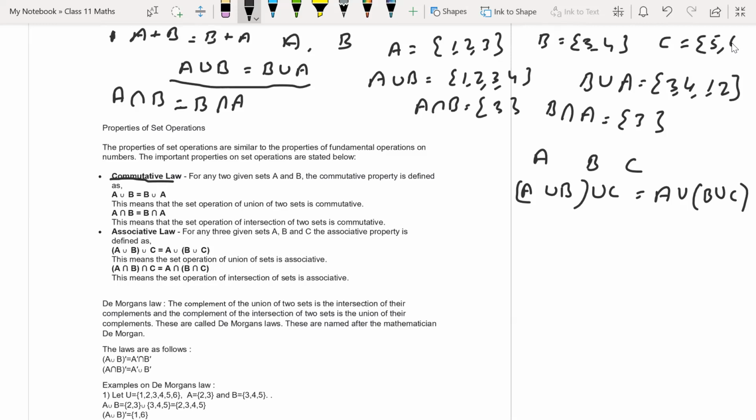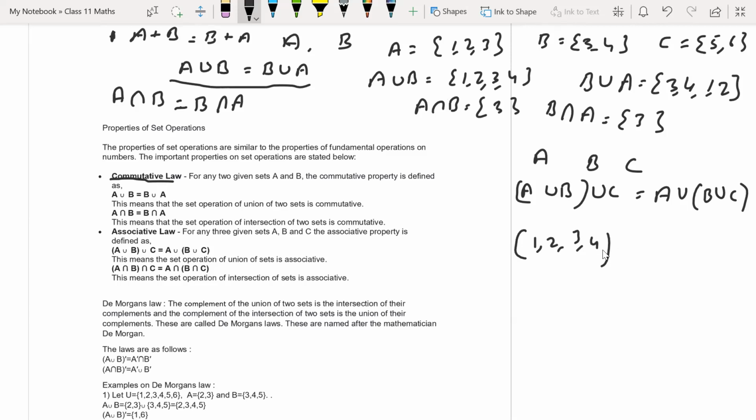Let's take an example. There are 3 sets A, B, C. A is 1, 2, 3. B is 3, 4. C is 5, 3, 5, 6. Then A union B is 1, 2, 3, 4.